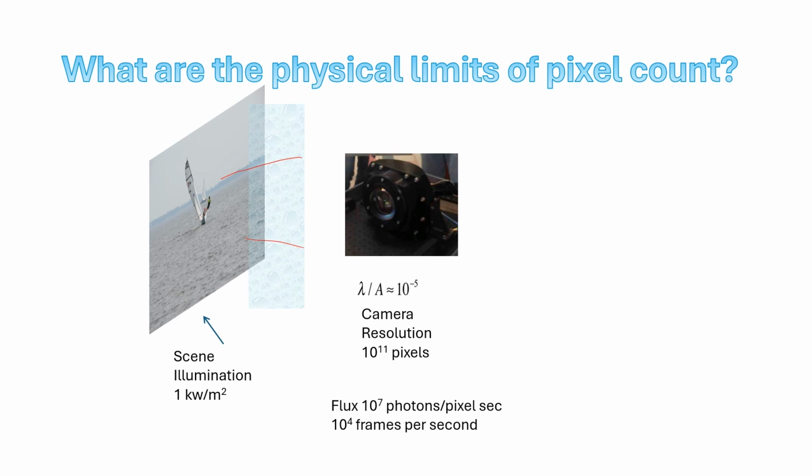Well, we can break them into time slices, right? So that if we have 10 to the 5th photons per second and we want 100 photons per time sample, we could have 1,000 frames per second, or if we want 1,000 photons per pixel, we could have 10,000 frames per second.